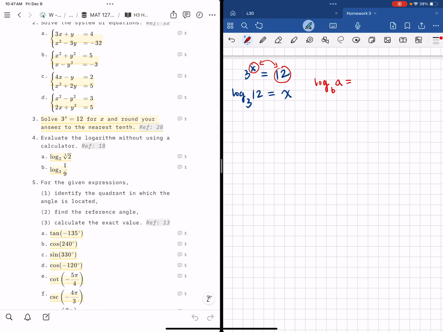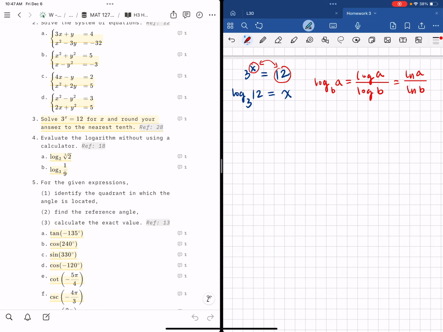The first one is the common log. Common log is just log, and the base is 10, and then you just do log of a over log of b. So this is base 10, or you could also do natural log. It's ln of a over ln of b.